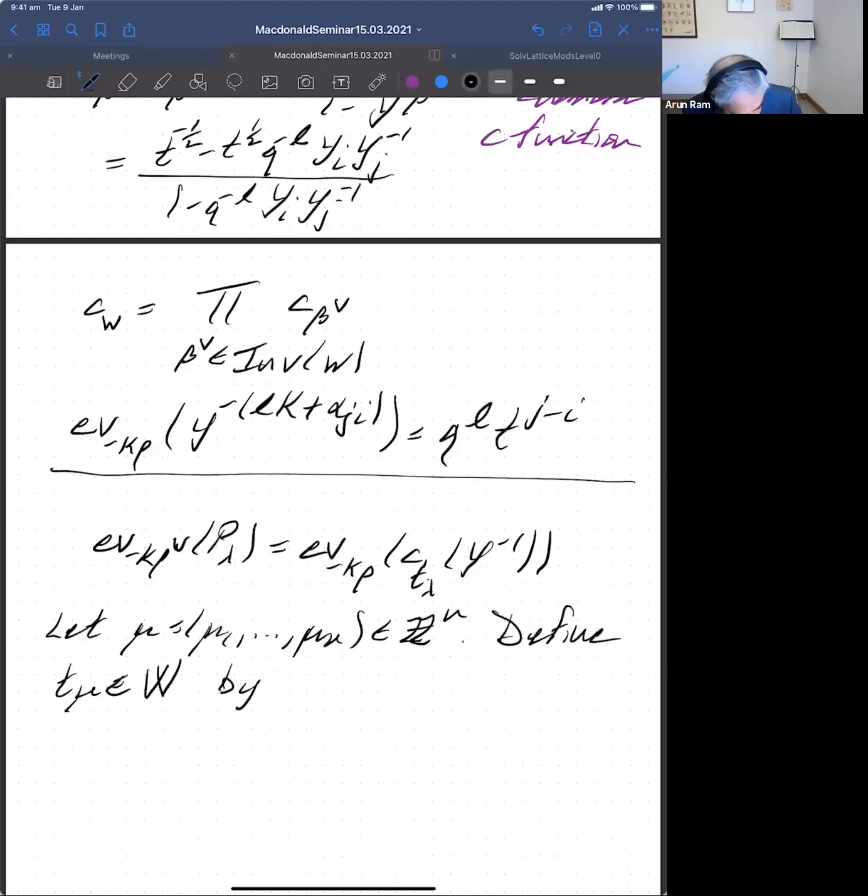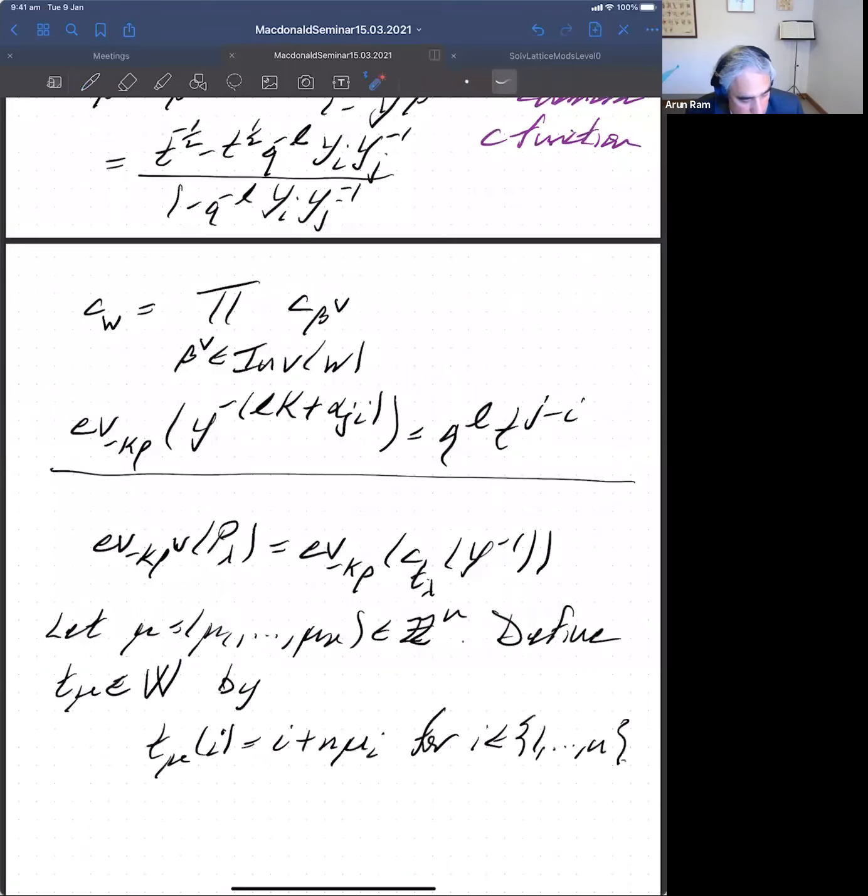And you do it simply by setting T mu of i to be equal to i plus n mu i, for i in 1 through n. So remember that a periodic permutation is determined by its values on 1 through n because it's periodic. So I can always compute the other values just from this one.